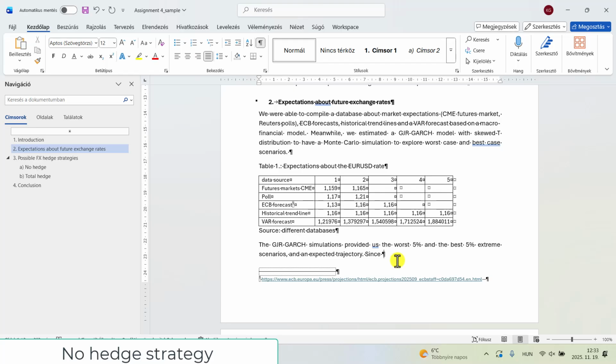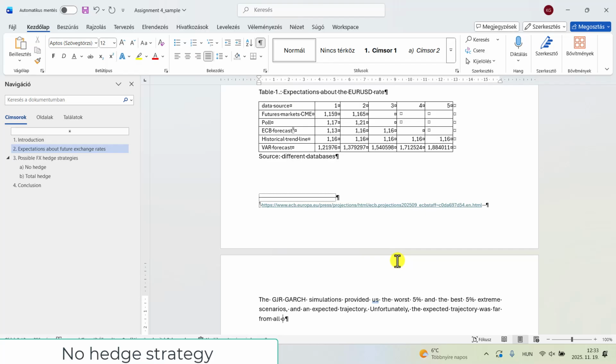So since unfortunately trajectory was far from all the other expectations, so we will rely on, let's say that we are using ECB. That one seems to be more credible for me.